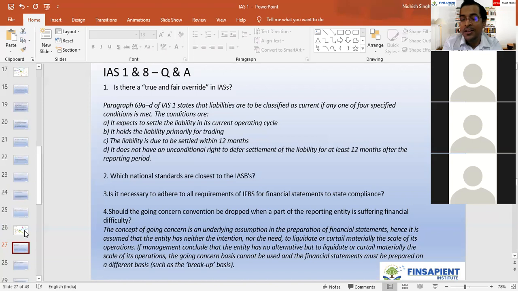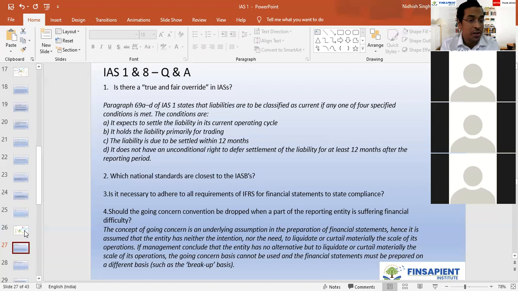Say there is no IFRS to deal with, say, space mining. There is now another industry coming up. Some countries are trying to mine gold or other precious metals from space, but there's no IFRS for that. You might try to apply another accounting standard, or the conceptual framework itself, or apply your own judgment to provide a true and fair view. That means you have done all the best effort possible. You have utilized all the information from the IFRS standards to adhere.